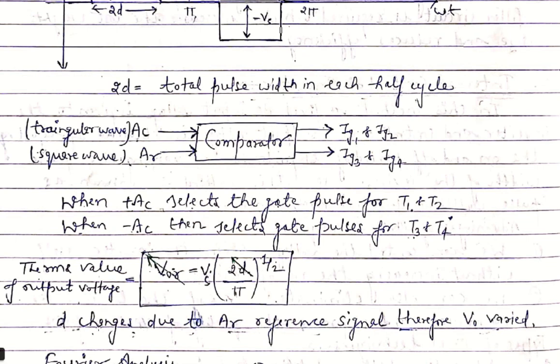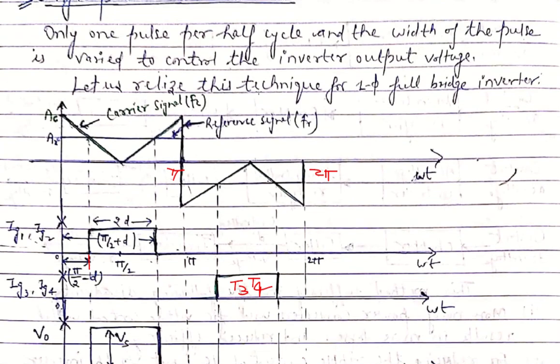So how can we change this d, which is the pulse width? We have changed d to control the output voltage, but how can we change d? If d changes due to the AR reference signal, therefore V0 can be controlled. See, in the above diagram, we take the width of this reference pulse in a square shape.